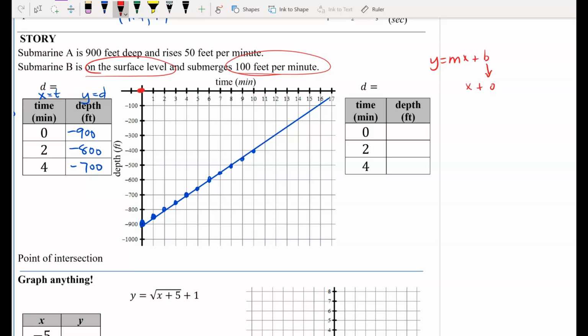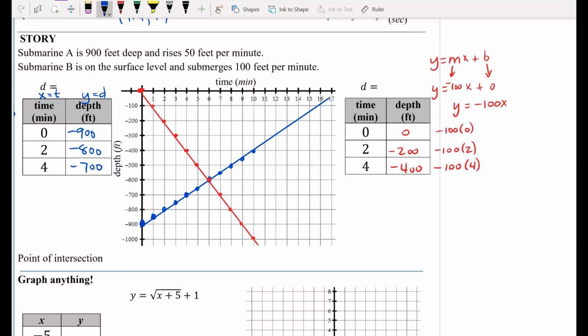The x stays in the equation, the y stays in the equation, and we want to substitute for the slope, which is 100 feet per minute, but since it's diving and getting smaller, we have a downhill line, so we're going to have a negative on that slope. Now usually we don't write a plus 0, we're going to clean up this equation and call it y equals negative 100x. Use that equation and plot the points on the graph and fill in your table.